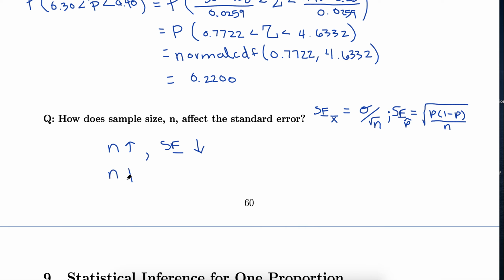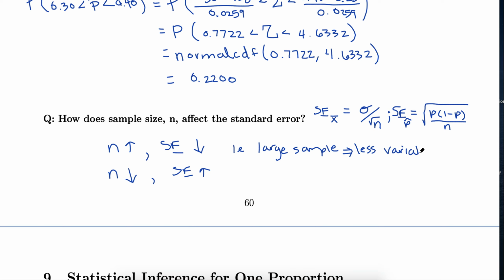If we have a smaller sample size, then our standard error is going to be bigger, meaning more variability in our statistics. So, i.e., a large sample gives us less variability, which is going to be desirable.